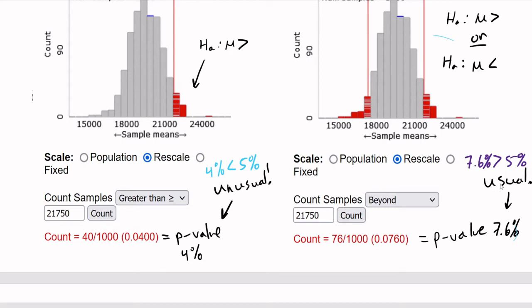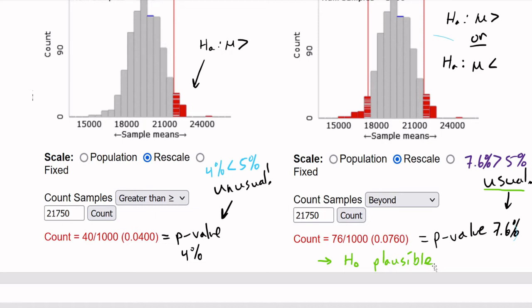And so what's our conclusion going to be for the two-sided case, just for practice? I see usual. I'm going to say null plausible. Because I chose two-sided, I didn't know which one, I'm going to end up claiming that yes, 19,000 could be plausible.